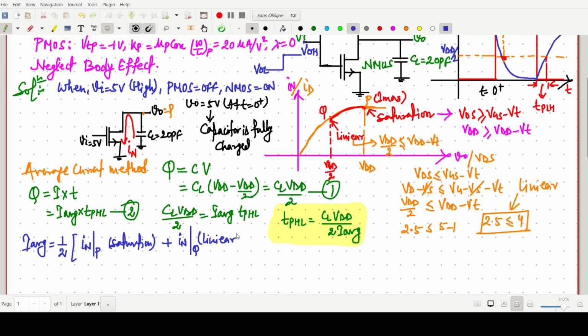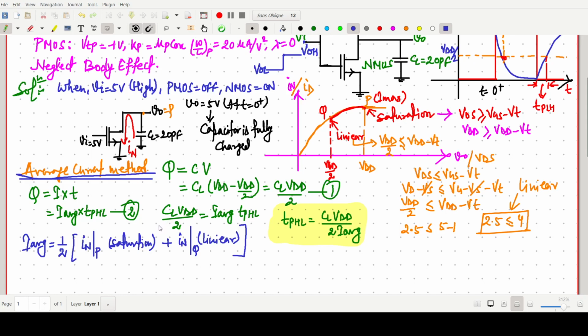This is a very important concept. So I average is half of I n at P in saturation plus I n at Q in linear. After that we take the average. This is the average current method, and this one is very important.